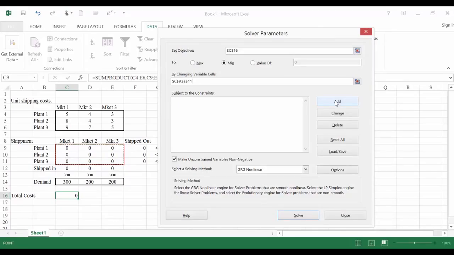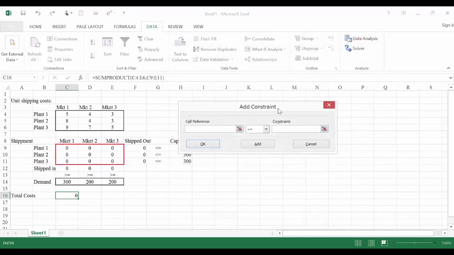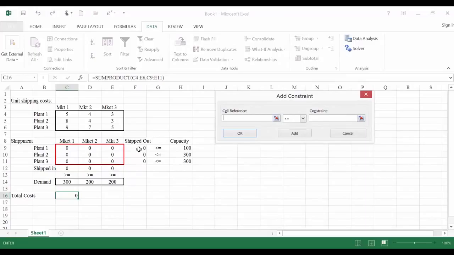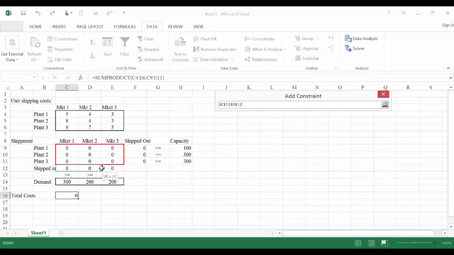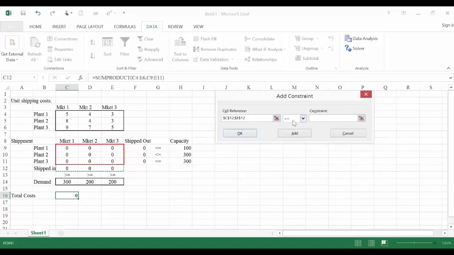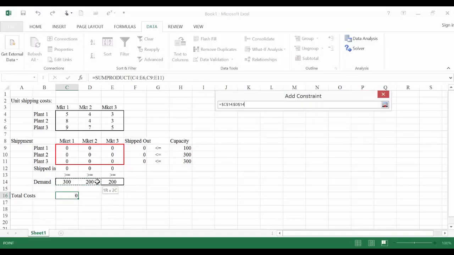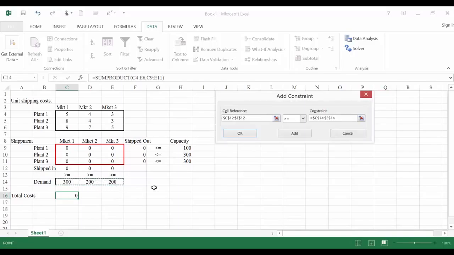And then the constraints. First of all, the total shipped out from each plant should be less than or equal to the corresponding capacity. The second group is that the total amounts shipped into the different markets should be larger than or equal to the demands in each market.